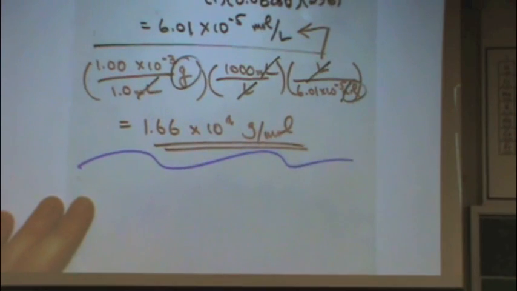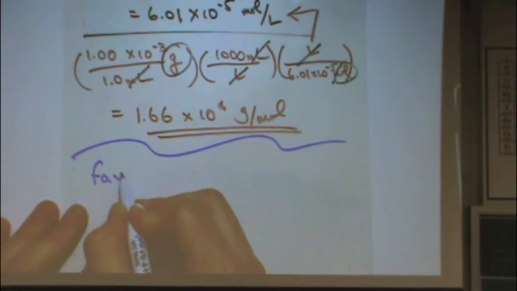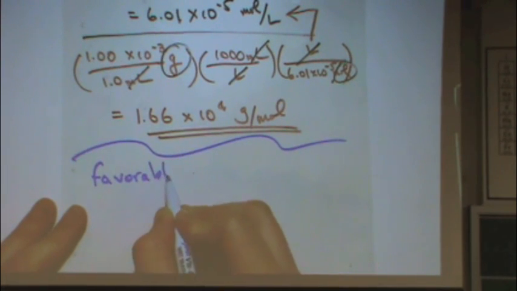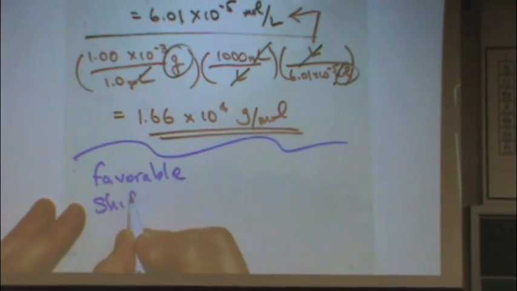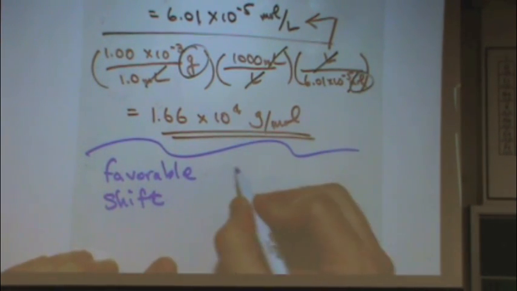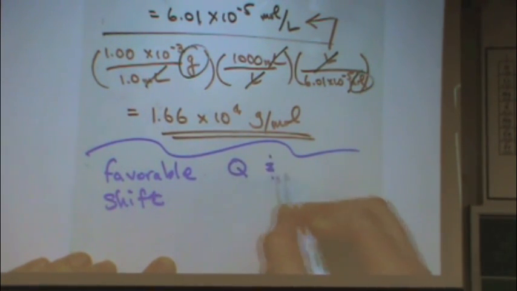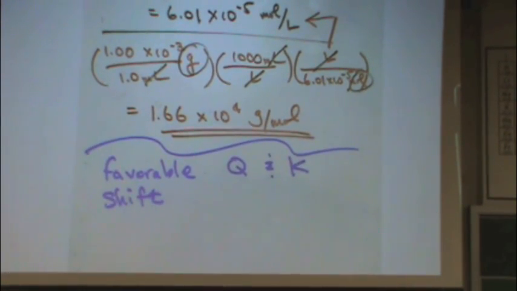So what you would want to be able to do is determine if something is favorable and determine if there is a shift. Okay, those are two different things not related to each other. If something is favorable, you need to determine that by comparing 1 and K, sorry, I got this mixed up.